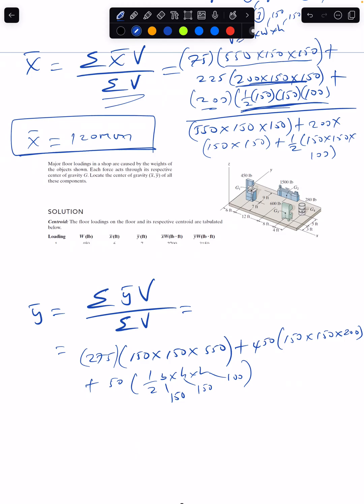And what do we have? We have part 1 and part 2 and part 3 divided by the sum of volume. This is the volume for part 1, volume for part 2, volume for part 3.